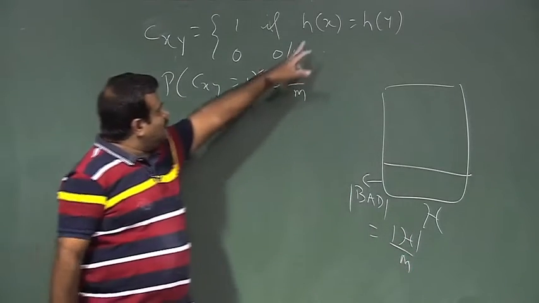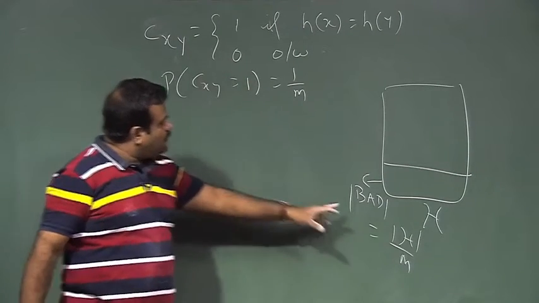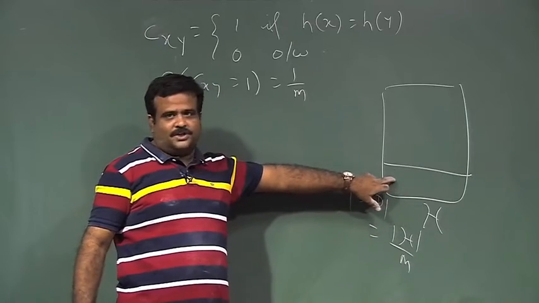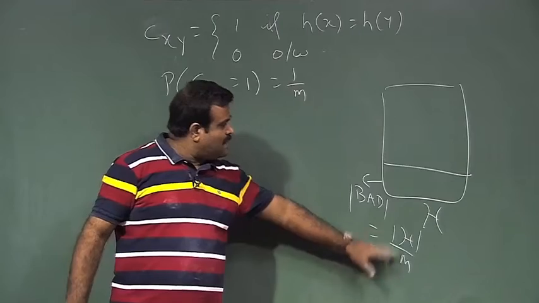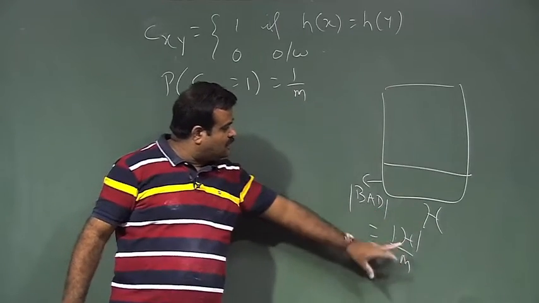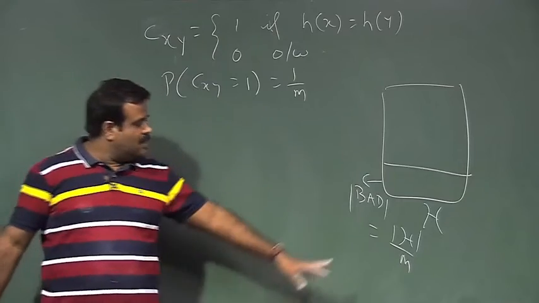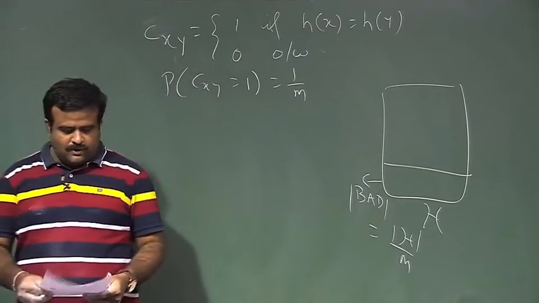Now if we have an x and we choose a y which is not equal to x, what is the probability of collision? A collision will happen if we choose the hash function from the bad portion. The size of this is H by m and the size of the total is H, so the probability that there will be a collision is H by m divided by H, which is basically 1 by m.